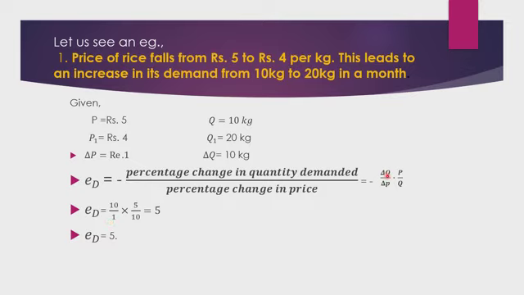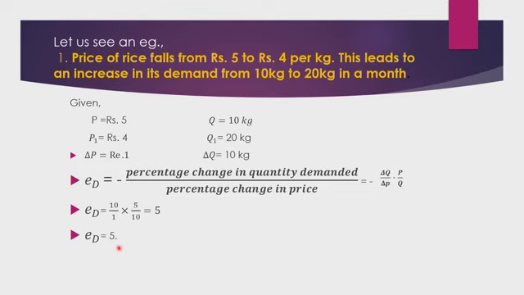So it is change in quantity demanded by change in price, into price by quantity. This is how we derived the formula. So we know that the change is 10 kg, so 10 kg comes here. Change in price is rupee 1, so divided by 1. Your original price is rupees 5, so this comes in here. And your original quantity demanded when the price was 5 is 10 kg, so this comes down here. So when we solve, our elasticity of demand is 5.